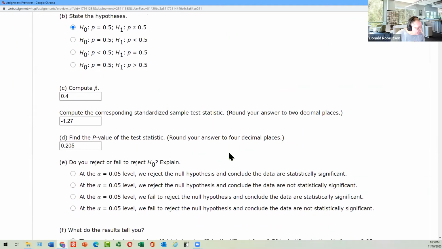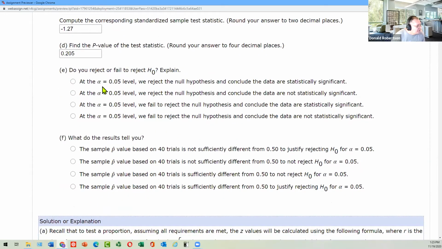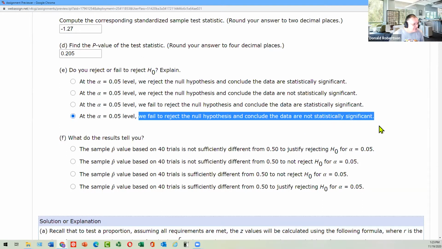And the answer is no, it's not. So at that level, we fail to reject the null hypothesis, and it's not statistically significant. So when you do know, this is the sentence that you use every single time it's a no. You fail to reject the null, and you conclude that the data is not statistically significant.